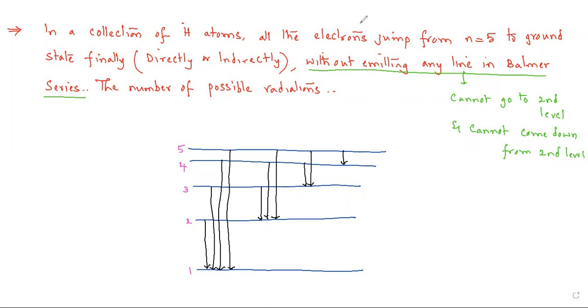So cannot go to second level. That means these three are gone. Because if something goes into second orbit, obviously it has to come down from the second orbit. Now when nothing is going into the second orbit, even this is also removed. Got it? Now nothing is related to Balmer. Neither going into Balmer nor going out of Balmer.